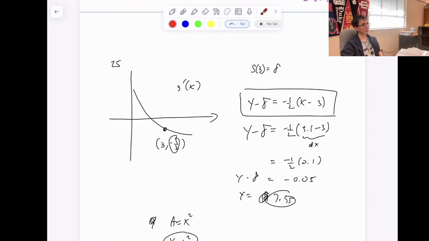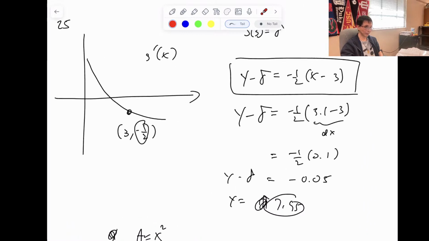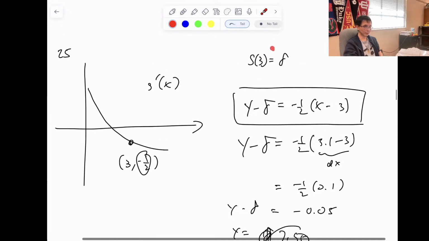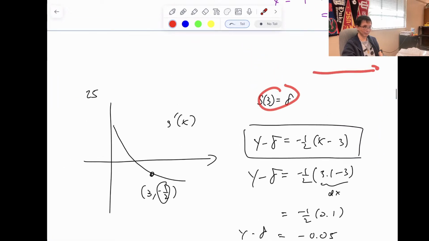What does the coordinate represent on the graph? For example the 3.1 and then the 7.95, what would that represent? Okay, so this is 3.8. That means the original graph has something at 3.8. It's going to be a negative slope like this, negative 1/2 slope, because this is g prime of x.